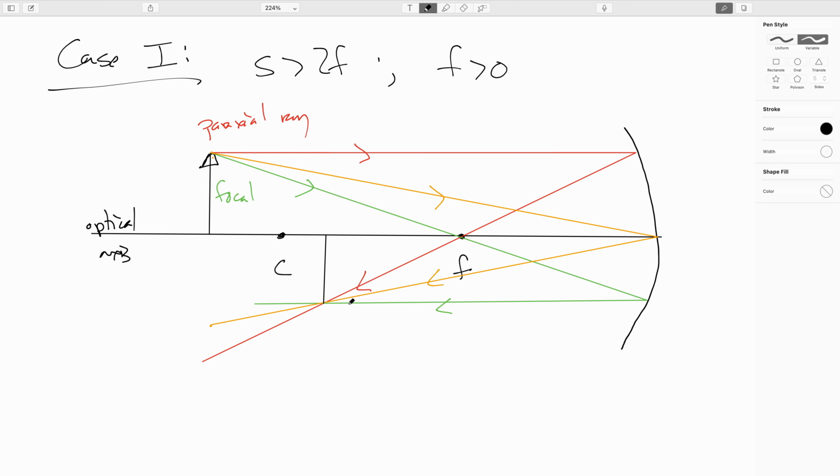There's our image. And this image is real because it can be formed on a screen. It is inverted. We can see it's upside down. And if we look, we see this is shorter than this one. So we say it is minified.